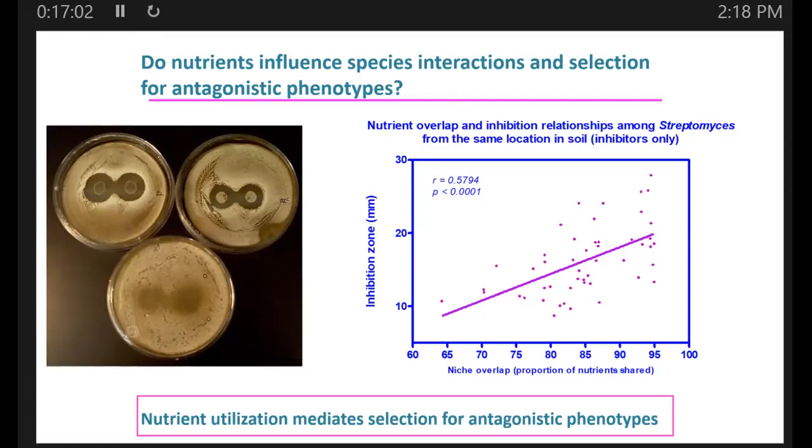The way to test that is using agar plates. You grow the Streptomyces bacteria in those spots, then you spread a pathogen across that plate, incubate the plate, and look for infection and the zone of inhibition showing the Streptomyces bacteria.